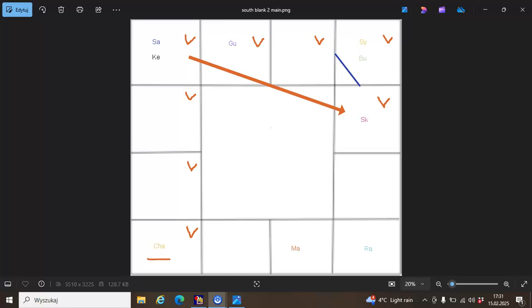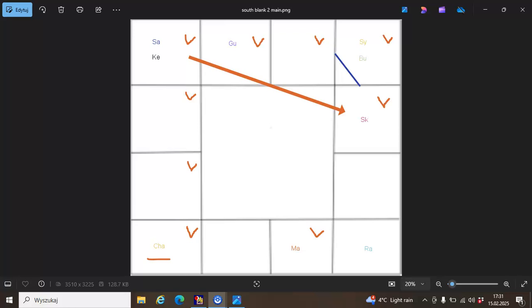Then another Mahadasha will be the Mahadasha of Tula, because I'll remind you once again, the frog jumps 4 squares or 4 places from the previous sign. So this way we arrived at the sign of Tula or Libra.